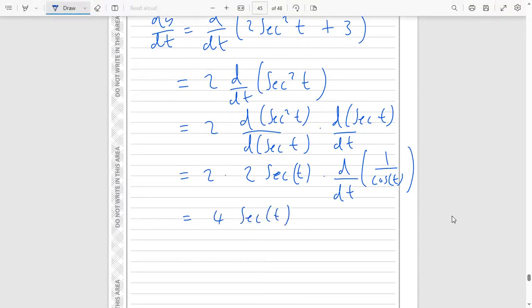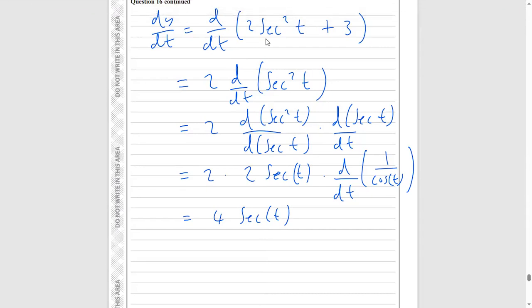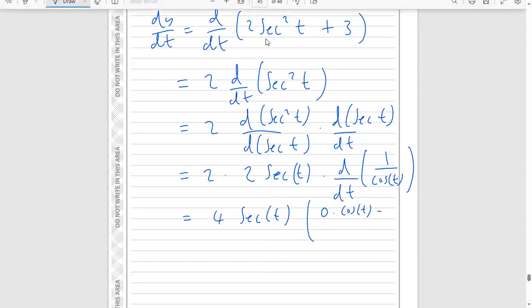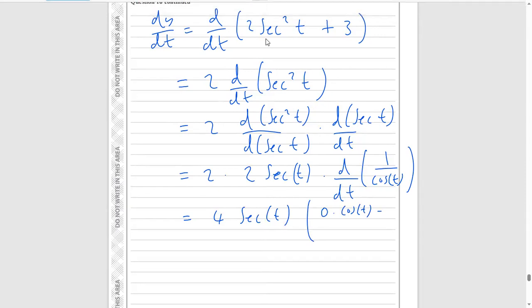And then if you do differentiate sec using the quotient rule, if you can't remember what the derivative of sec is, that's going to be the derivative of the top. So differentiating 1, you get 0, and then times the bottom v, which is cos t, and then take away the derivative of the bottom times 1.